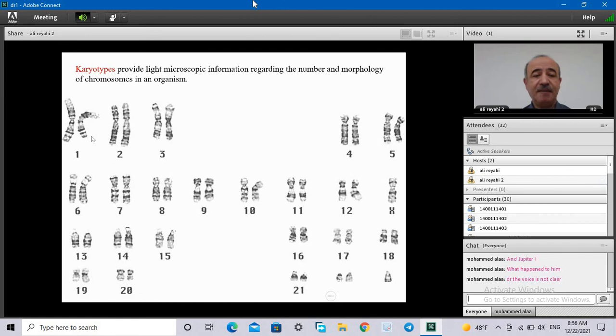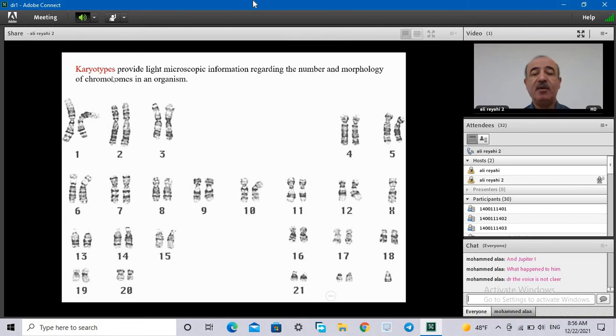And you can see here the karyotype. A karyotype is a map of the chromosomes arranged under the microscope. You can see the map of the chromosomes, okay.